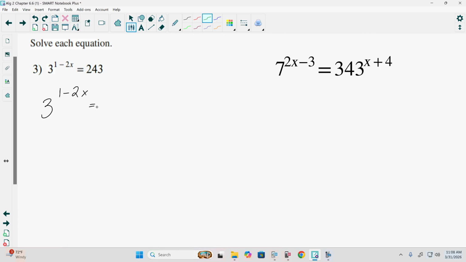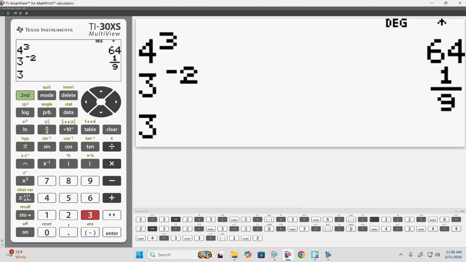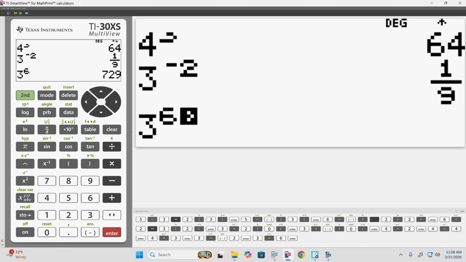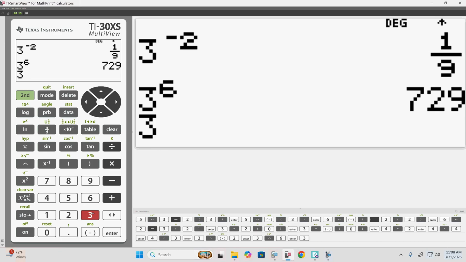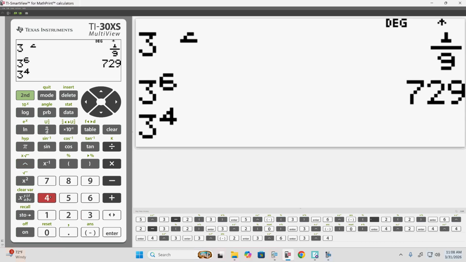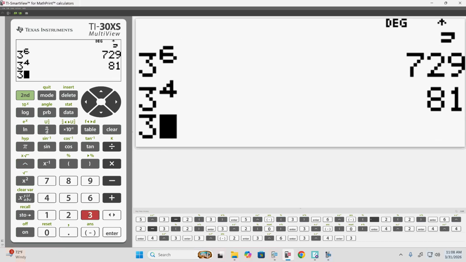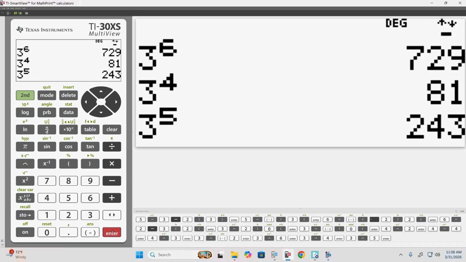I say that because the left-hand side has one term, its base is 3. That's as simplified as it gets. So for us to be able to use this one-to-one property, we need to figure out what 3 to what power makes it be 243. 3 to the 4th, 3 to the 5th is 243.